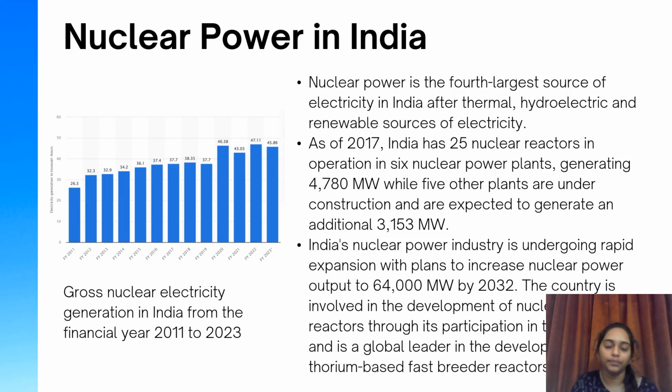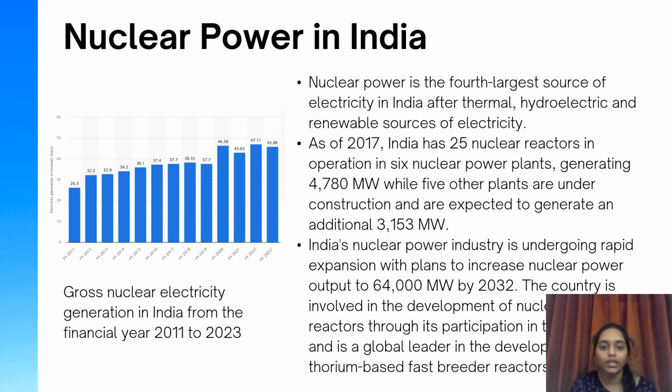Nuclear power in India. In India, nuclear power is the fourth biggest way to make electricity after thermal, hydroelectric and renewable sources. Presently, India operates 25 nuclear reactors across 6 power plants, producing 4,780 megawatts of electricity. Additionally, there are plans to construct 5 more plants expected to generate an extra 3,153 megawatts.